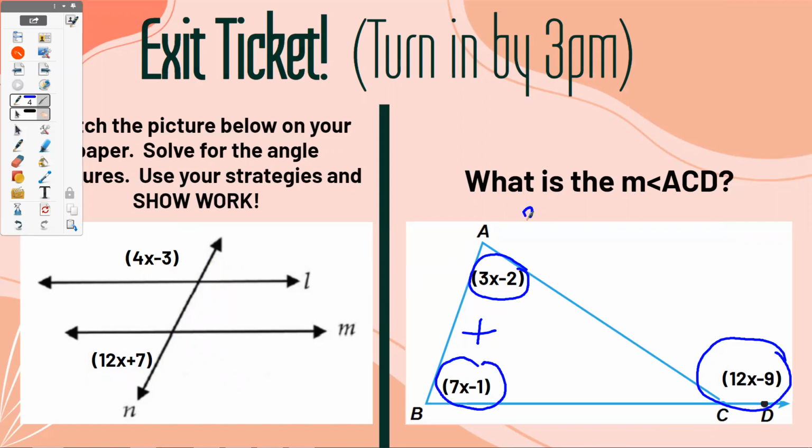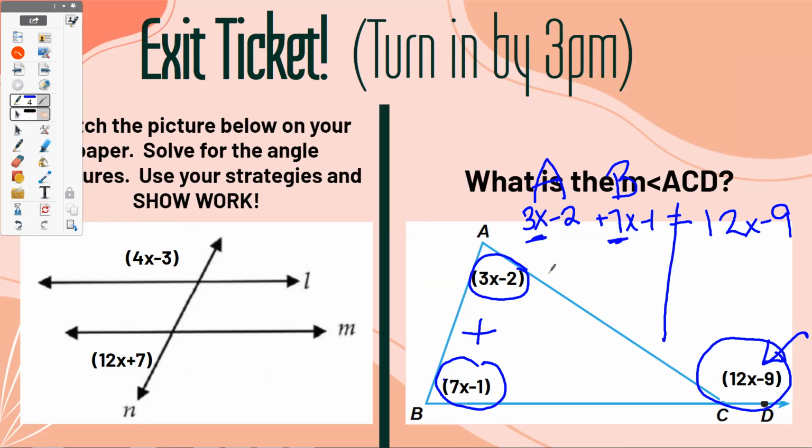So to solve this, I would say 3x minus 2, which is this angle A, and I would add my angle B, which is 7x minus 1. That would give me my exterior angle. And again, I would just solve it as normal. I would combine like terms and simplify, and then start moving things to whatever side you need to get x by itself.